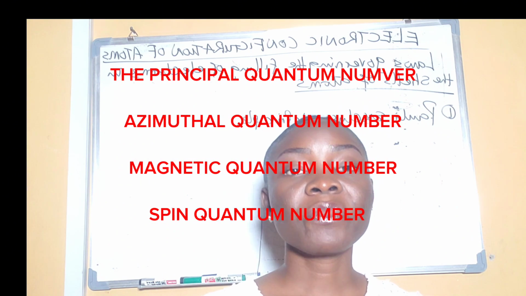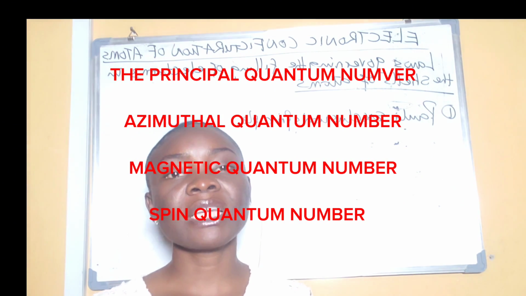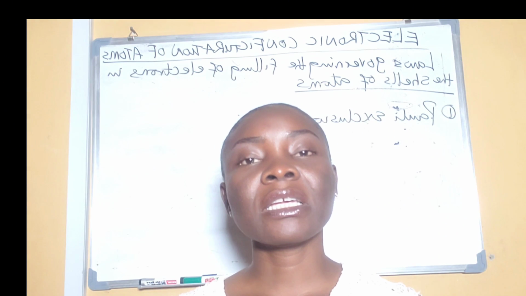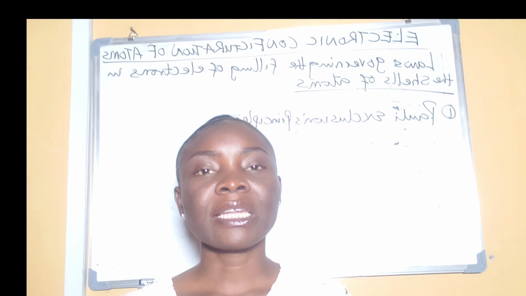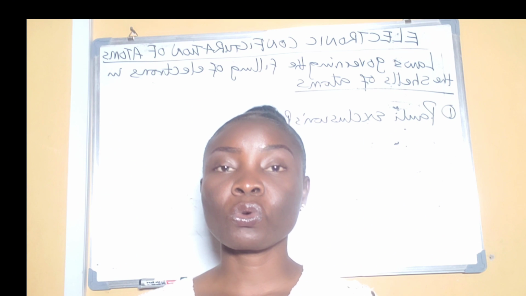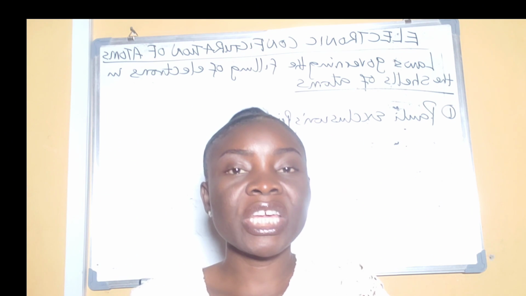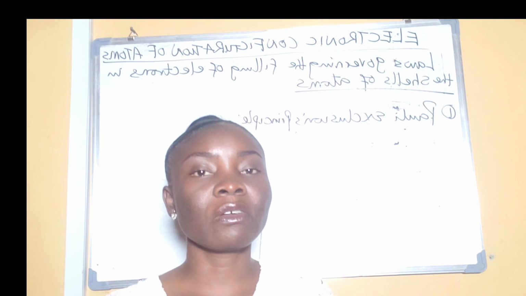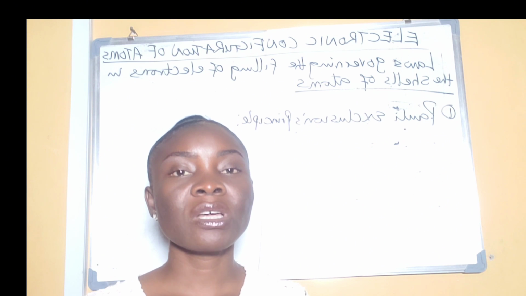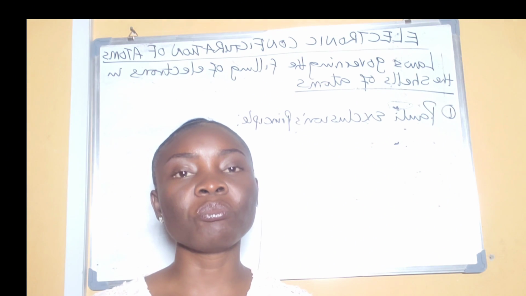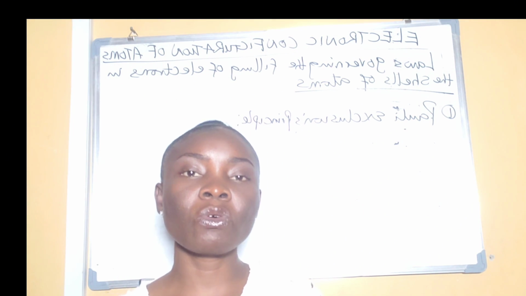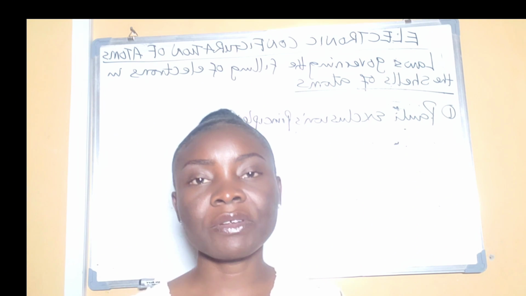So for all the electrons in a given atom, no two will behave in the same way for all four quantum numbers. That means each electron has its own behavior, arrangement, or characteristics.